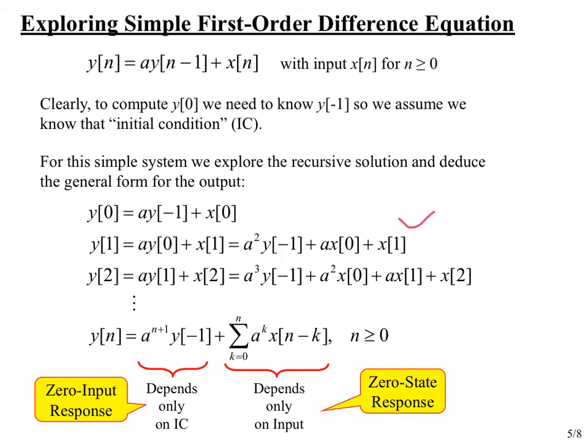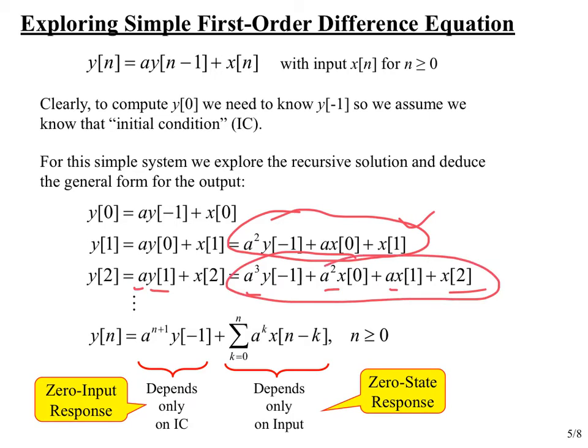And we can keep repeating that. Now when we get to find y of 2, we're going to have a times y of 1. So all of this stuff gets multiplied by a, and we can see that we'll get a cubed and an a squared and an a term, and then we add in the x2 that was there, and so on and so on.